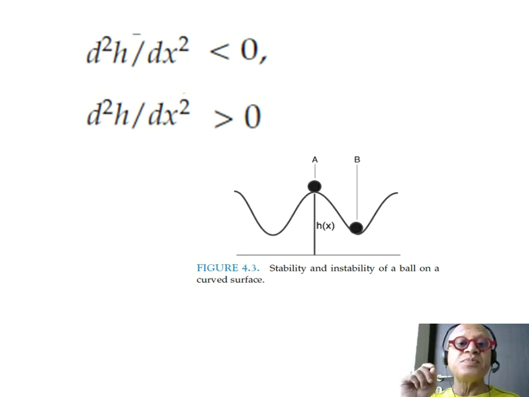We will keep looking for stability conditions as we go along in this chapter. So here it's unstable, because if you push it, it's going to keep going till it hits the bottom, whereas here, if you push it up, it's going to come back. That's determined by the second derivative of h in the x direction.